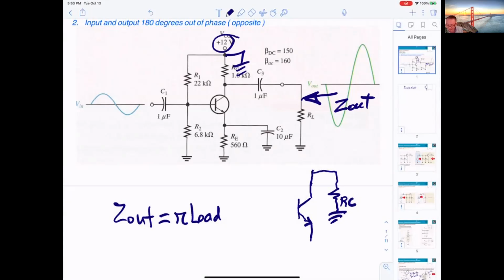That means at the collector here, you get one RC connected to ground, and also you get another one when you're looking into that. So basically our load now will be RC parallel RL.